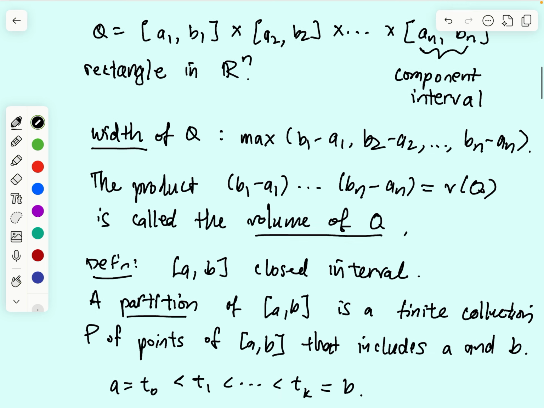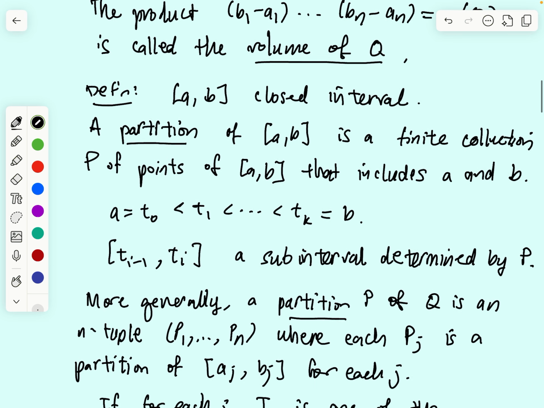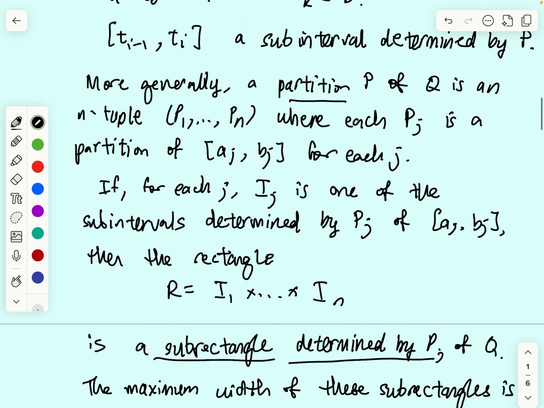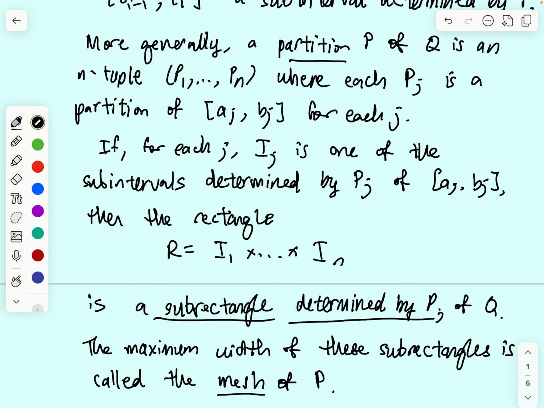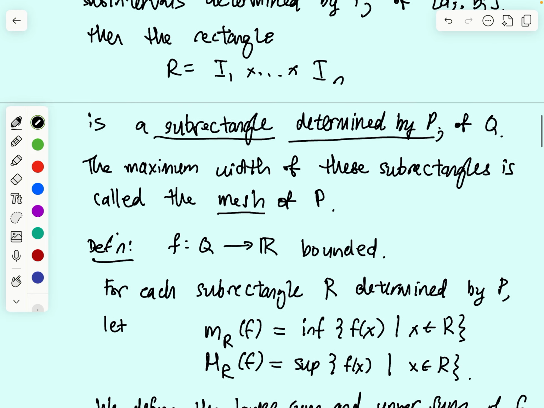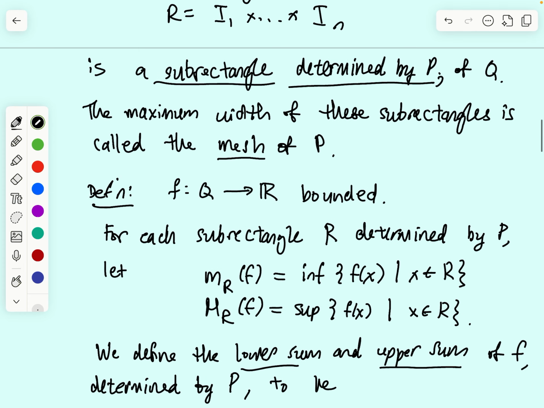Once you have that, you can partition the rectangle into a bunch of subrectangles. Then to define the integral of a bounded function, you look at two sums.